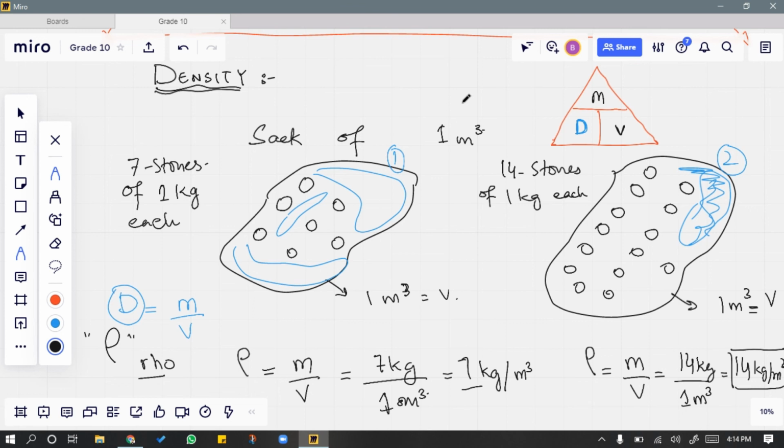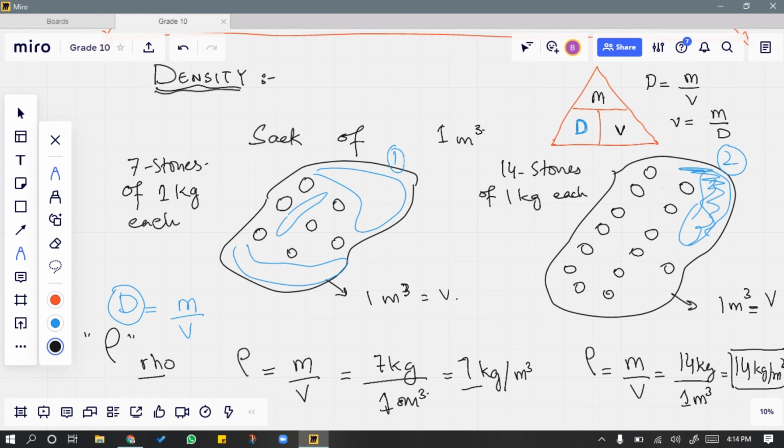For example, if they're asking for density, you can remember D equals mass upon volume, because mass is on the upper side and volume is on the lower side. In another case, for example, if they're asking for volume, remember volume here, and in front of volume you can see mass over density, because mass is on the upper side and density on the lower side, so your formula becomes mass upon density.